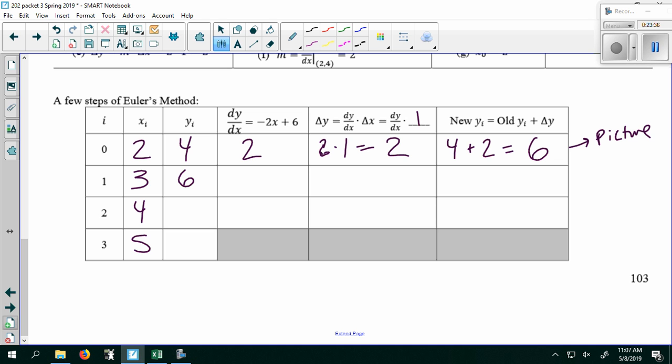So I plug 3 for x and 6 for y into the formula for dy/dx. So -2 times 3 is -6 plus 6 is 0. Delta y is your slope times delta x, which is 0. So my new y is my old y, which was 6, plus my change in y, which is 0. So I get 6 again.